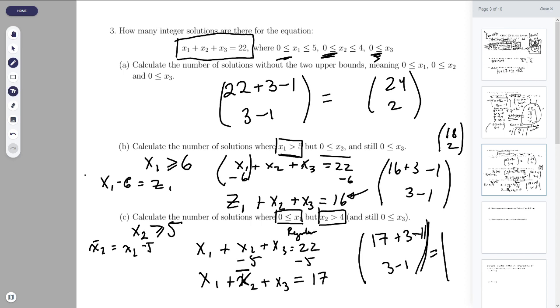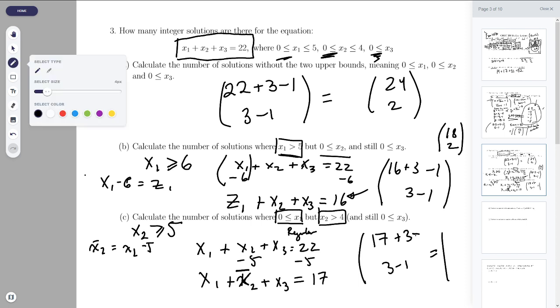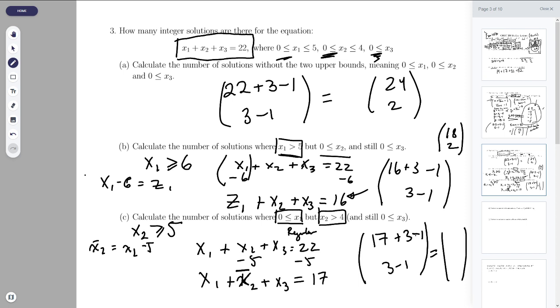I am not sure why it's doing that. It seems to be having a bit of a spaz out. All right, good. Hopefully it doesn't do that again for whatever reason.